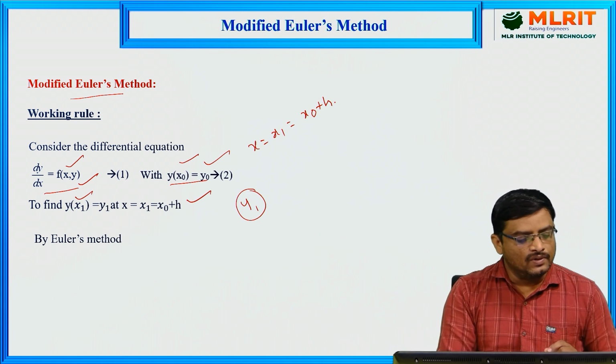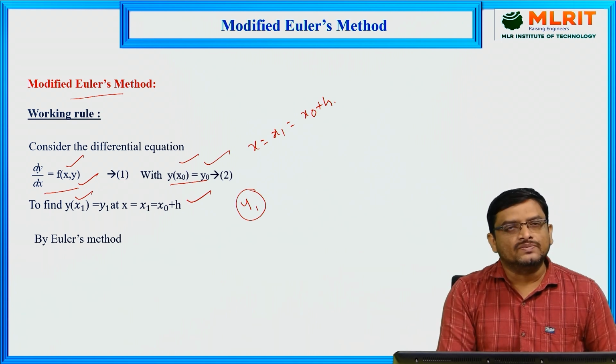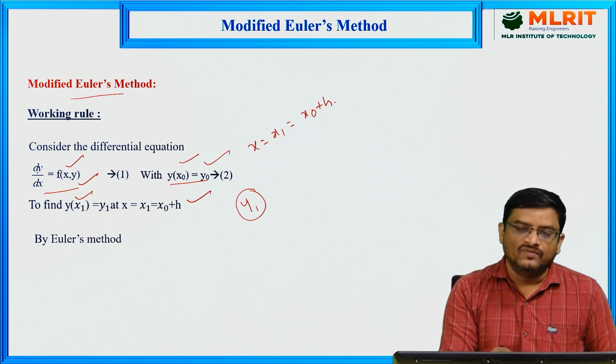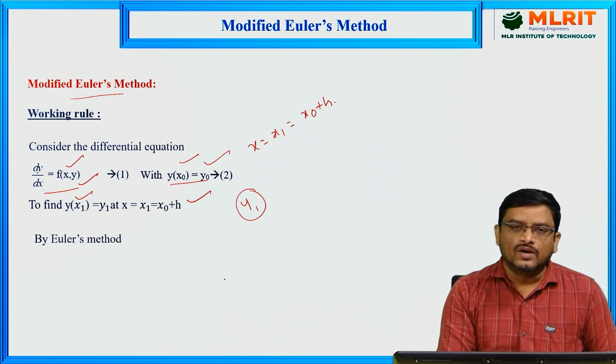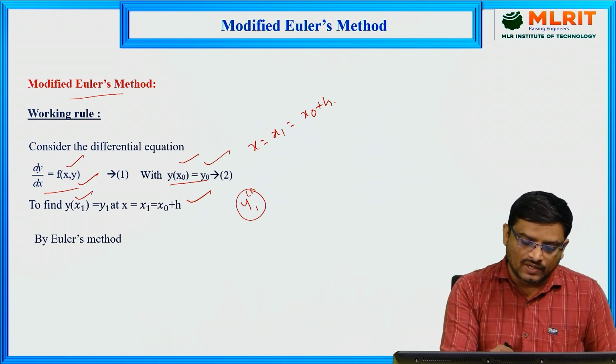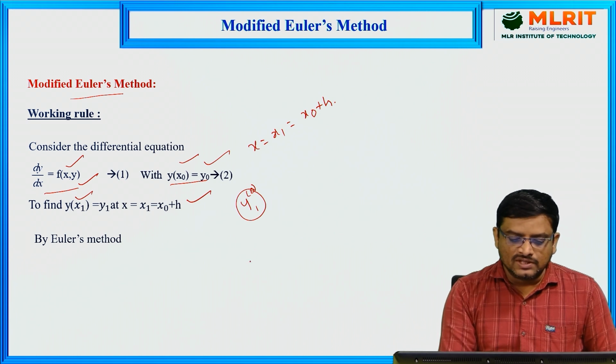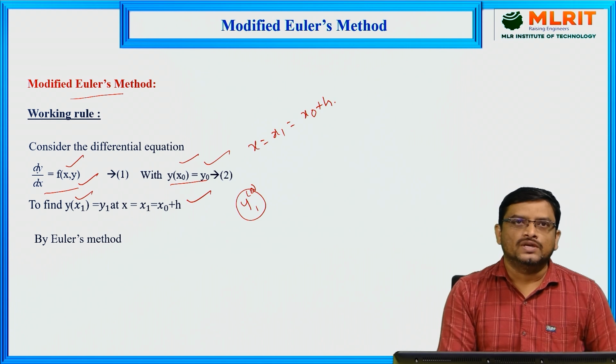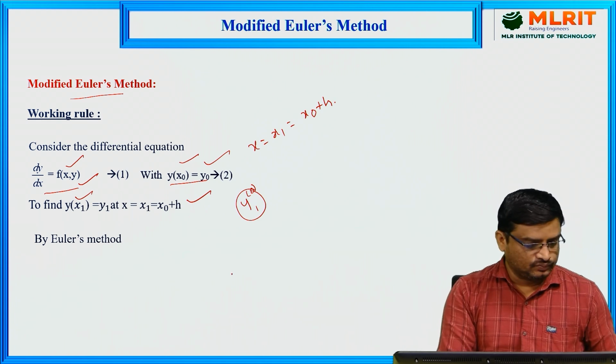Whenever we want to apply this modified Euler's method, first we have to take the help of Euler's method, and by using that Euler's method, we find the y1 value. That y1 value we consider as the initial approximation. Using this initial approximation, we are going to find a more accurate value of y1 by using modified Euler's method.